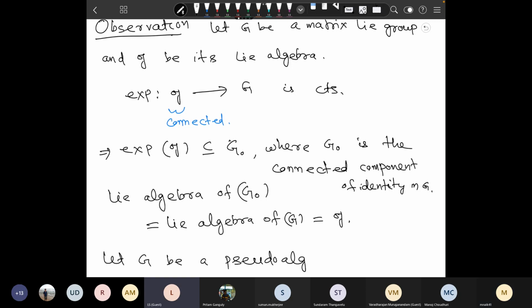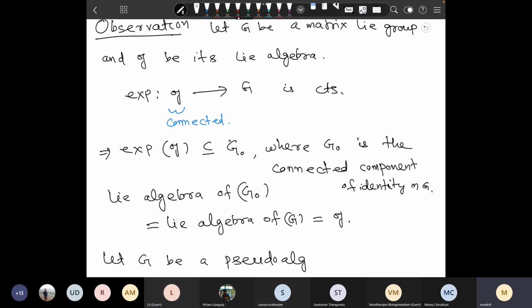Are there other examples, not arising from determinant considerations, where a matrix Lie group has more than one connected component? Can a matrix Lie group have multiple connected components which are not due to determinant conditions?